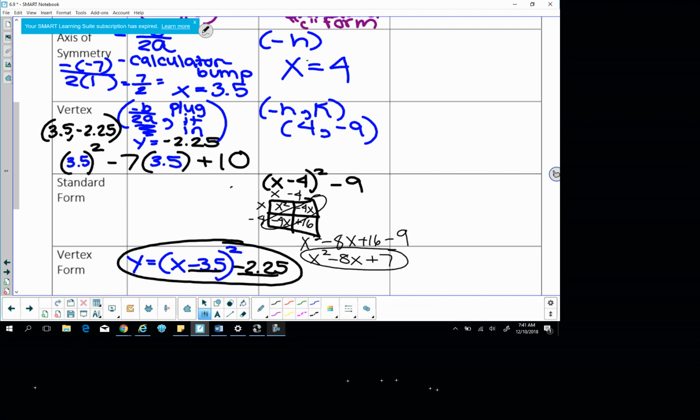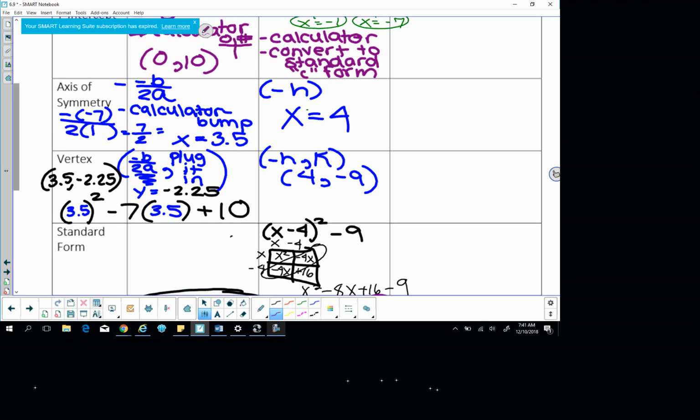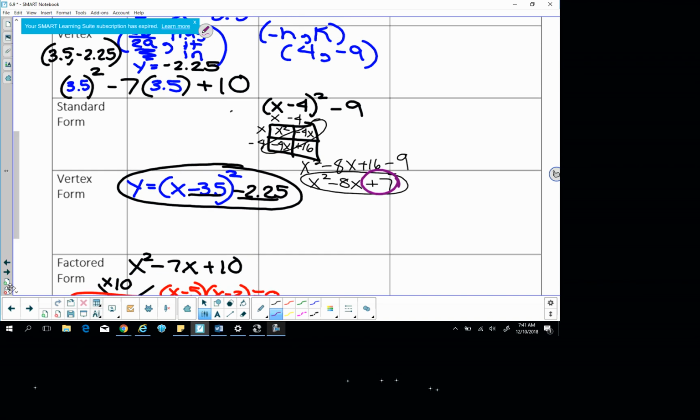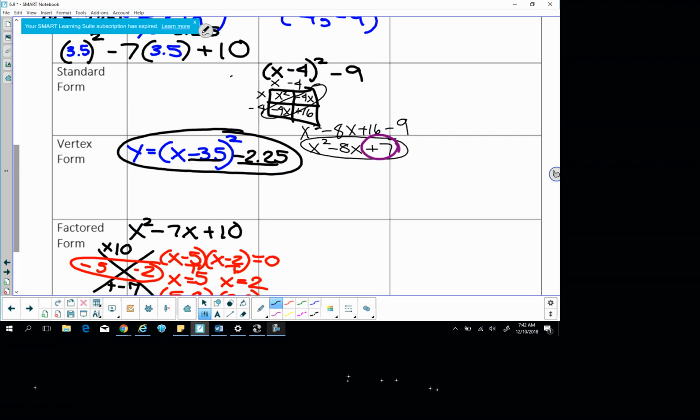So what's the y-intercept here? 7. So now we're able to see that it's 7. And then factored form, I would just take it from standard form and factor it. So we need to figure out what multiplies to 7, adds to negative 8.